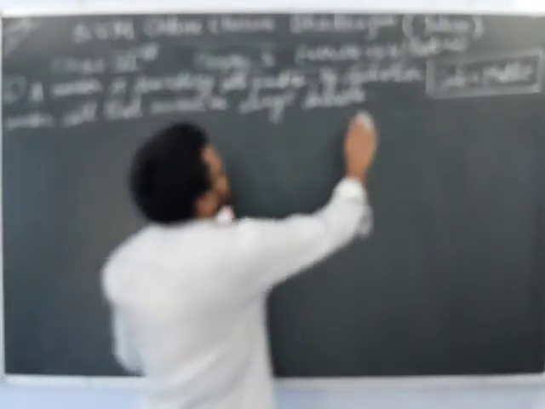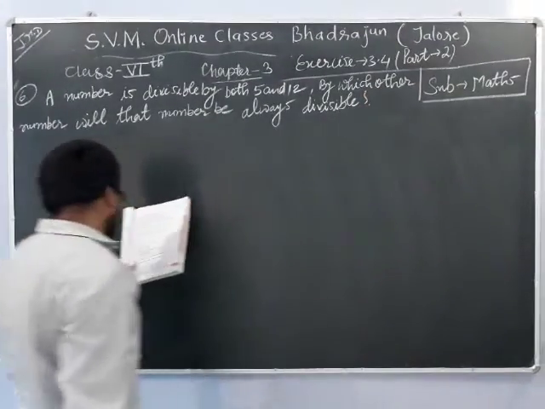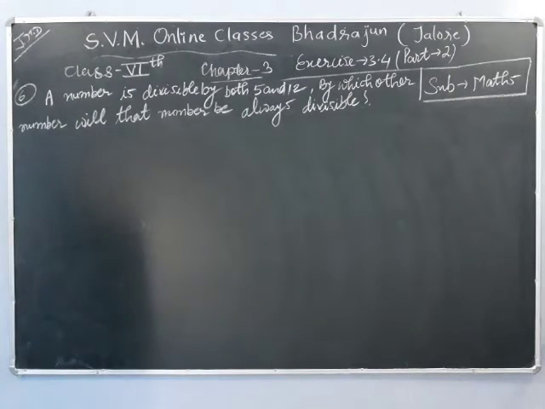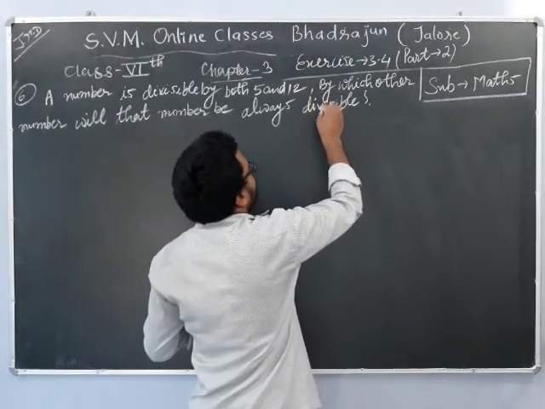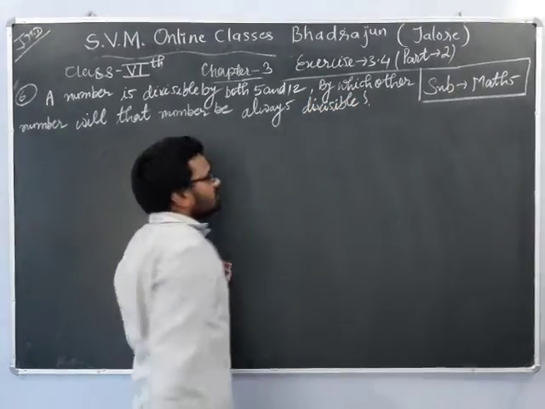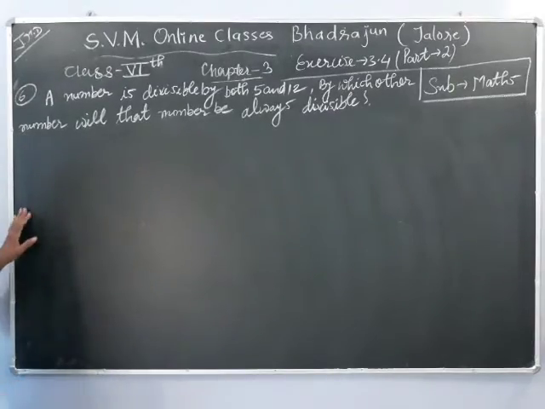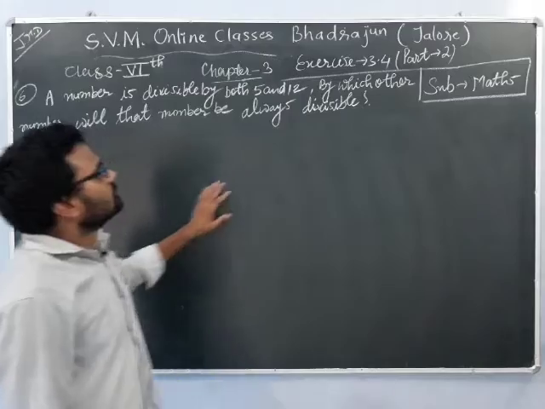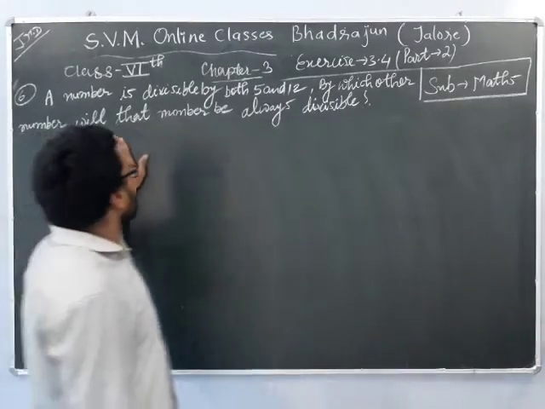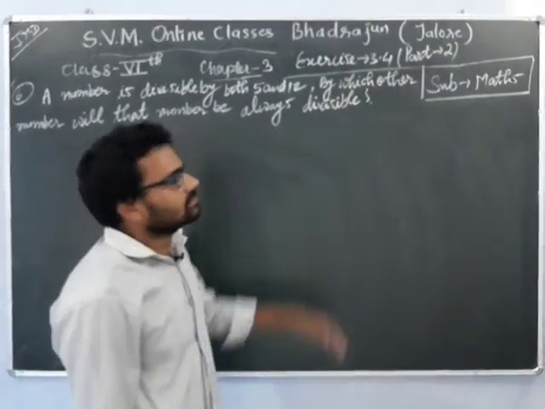Okay, so here we will go for checking. A number is divisible by both 5 and 12. By which other number will the number always be divisible?